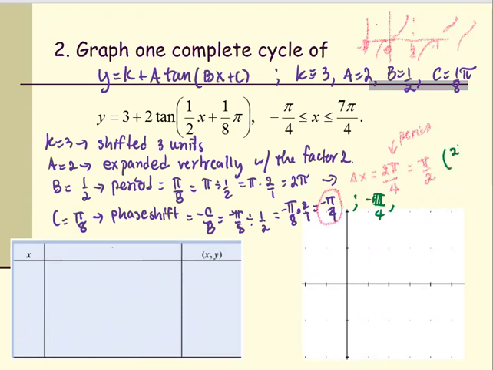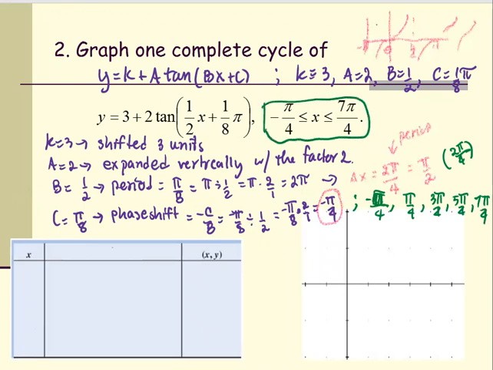Pi over 2 is the same as 2 pi over 4, so then it's easier to add to the point negative pi over 4 by 2 over 4, because it's the same denominator. The next point is going to be pi over 4, and then 3 pi over 4, 5 pi over 4, and the last point is 7 pi over 4, which is the same interval provided by the problem.